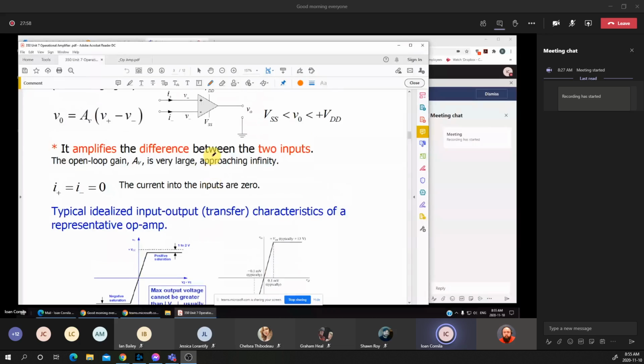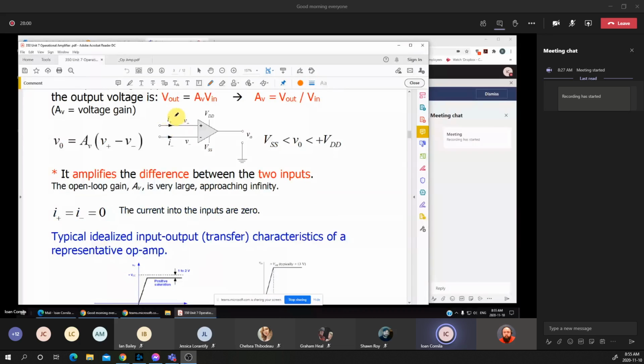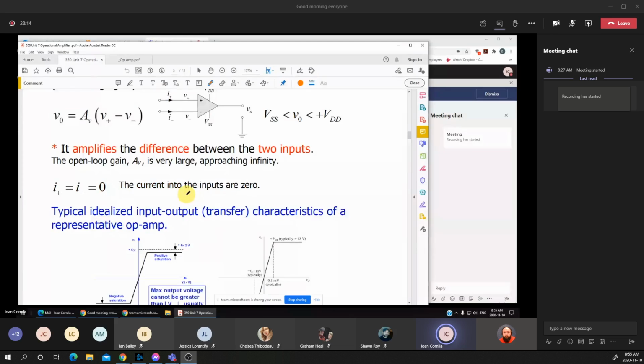Remember that the idea was to create an integrated circuit that draws no current, or there is no current that flows into any of the two inputs of the op-amp. That's why you may see a very large input impedance between the two inputs of the op-amp.